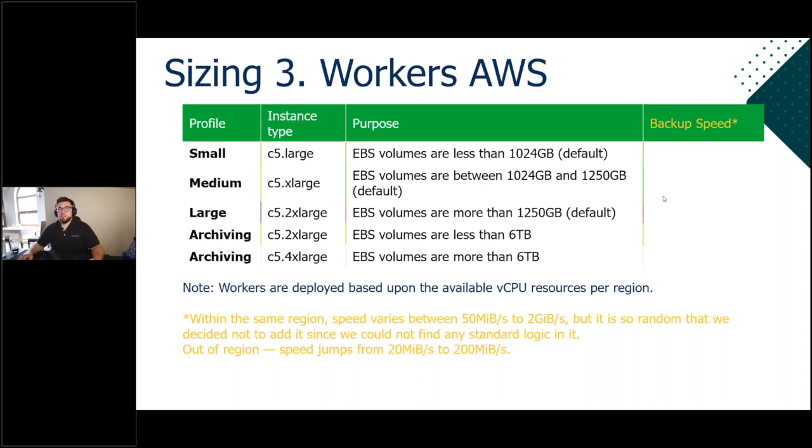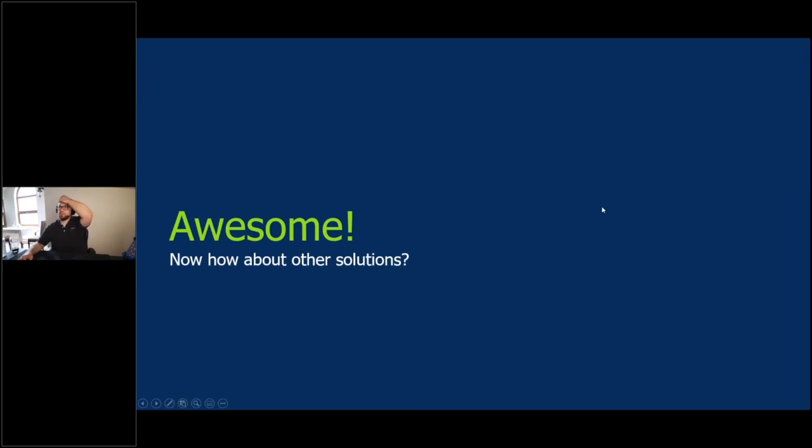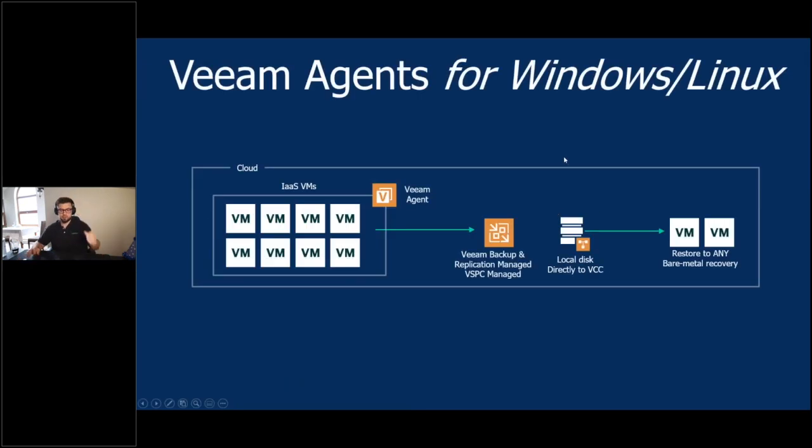So let me now speak about the other solutions. We have introduced recently the public cloud agents. Those are available in Veeam Backup and Replication, and these are new. This is the same agent, but it has a new discovery rule in Veeam Backup and Replication.